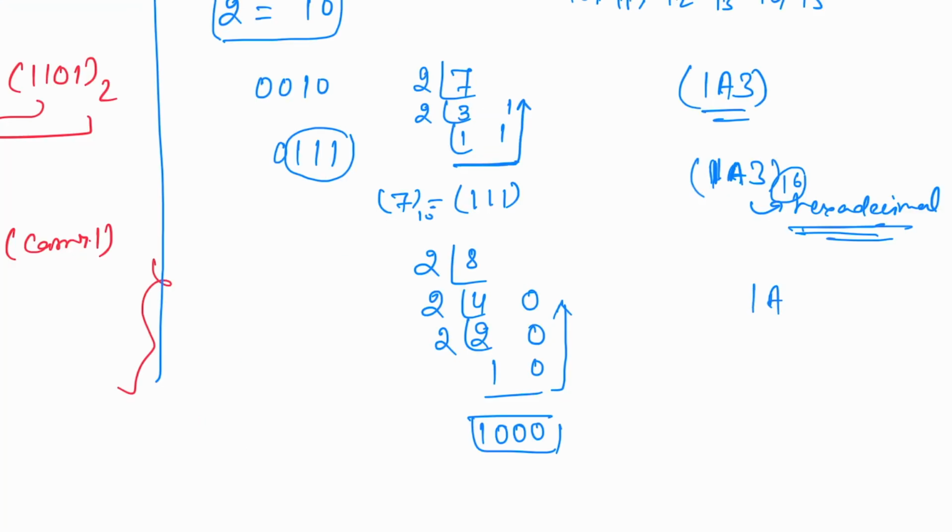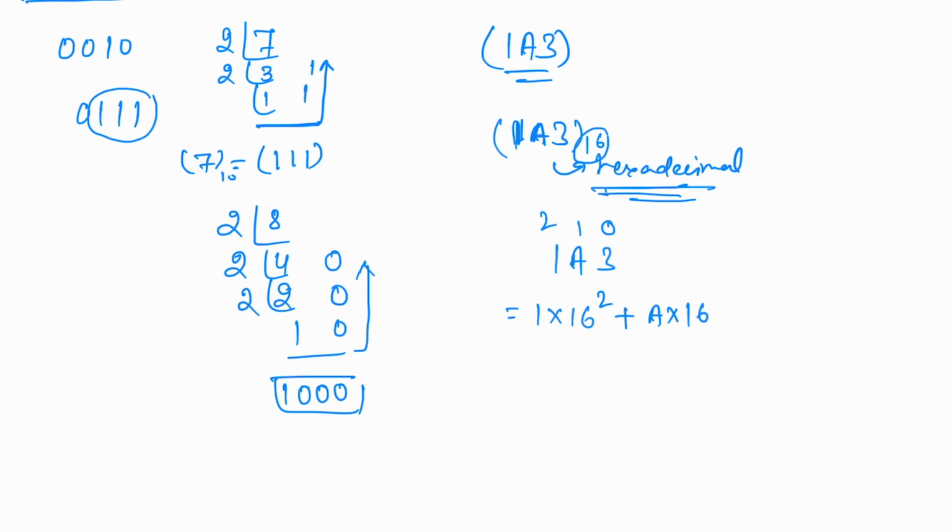So 1A3. In the same way as we have written the positions here, we'll write the positions 0, 1 and 2. 1 into base 16 power 2, plus A into base 16 power 1, plus 3 into 16 power 0. Here 16 squared is 256.